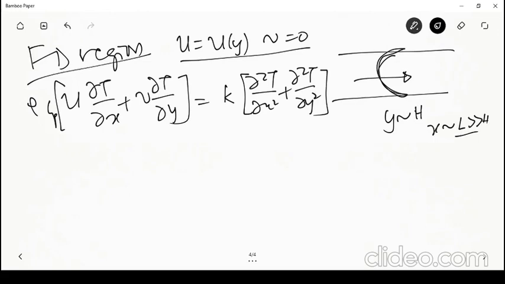So in this case, if I try to normalize, I can do that.